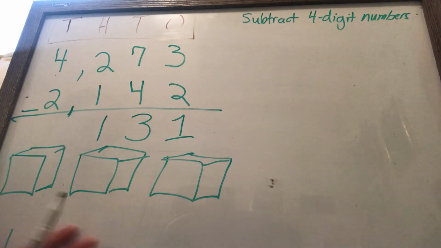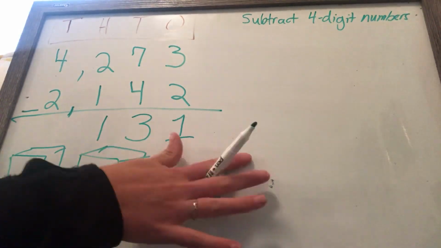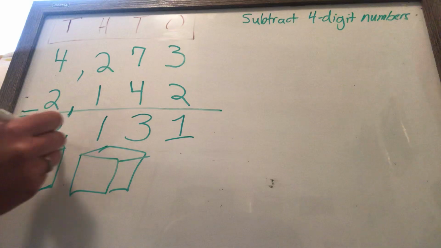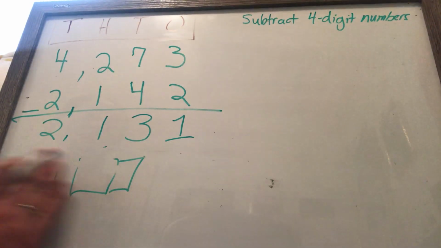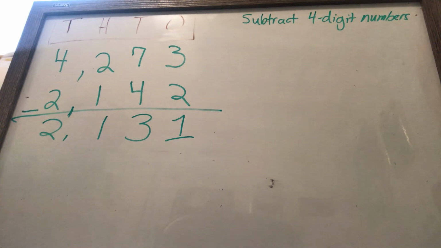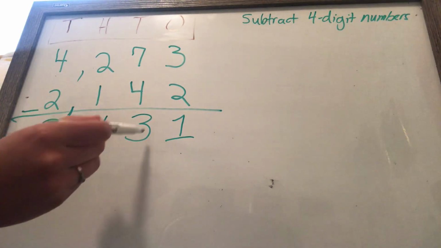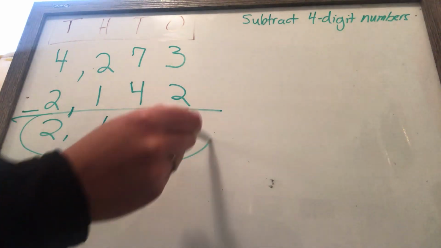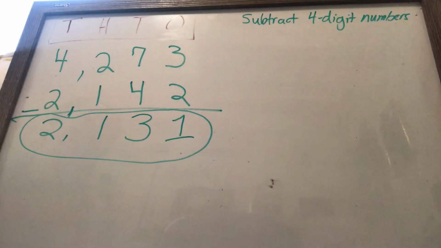So I'm going to erase this bottom one that you can't really even see down here. And another one, and that leaves us with 2. 2,000 is left over. Let me put that comma in there and then take everything away. So our answer is 2,131.